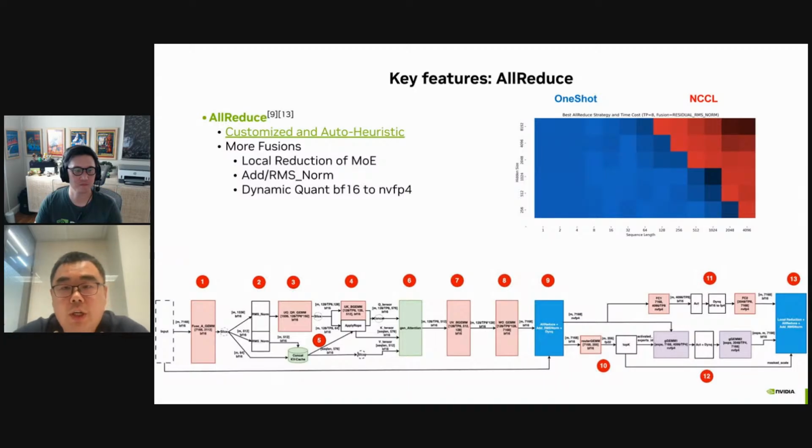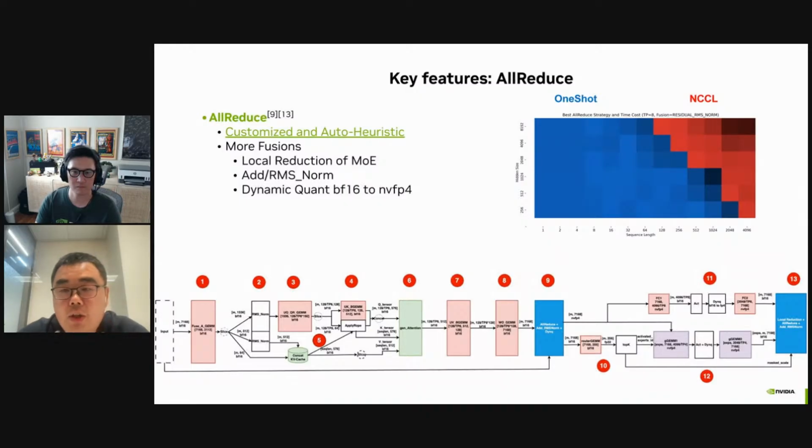The third key feature is AllReduce. We have written a customized kernel named one-shot kernel. And for this one-shot AllReduce, we have done more fusions, such as fuse local reduction of MOE, fuse residual and RMS norm, and fuse dynamic quant of BF16 to NVFP4. And we have made a heuristic in the kernel.